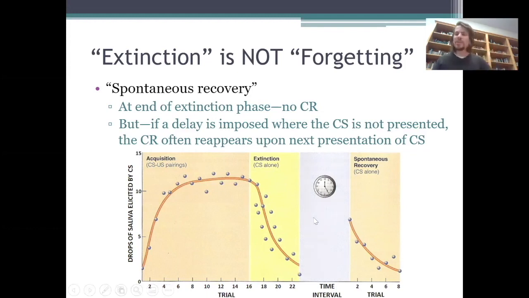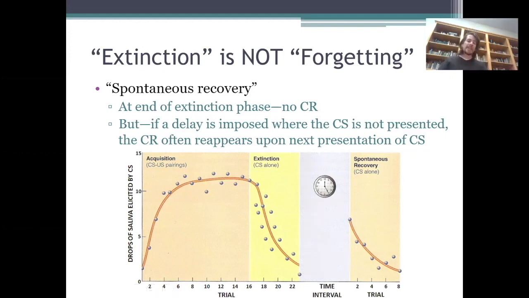So there are no additional acquisition trials here that would explain why the conditioned response comes back like that. It just comes back spontaneously. The animal recovers that response, at least to some extent, simply due to the passage of all this time where it didn't encounter that conditioned stimulus.